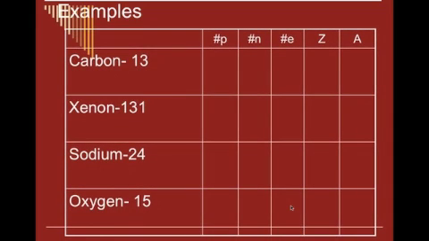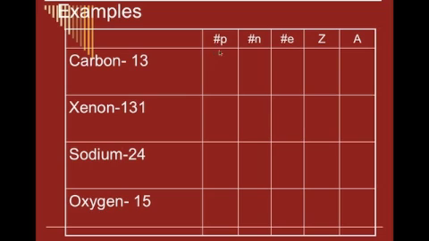Now, here we have the hyphen notation, and it wants us to figure out the number of protons, neutrons, electrons, atomic number, and mass number. So on carbon-13, since it's written in hyphen notation, 13 is its mass number. If we look on the periodic table, we see that the atomic number is 6.